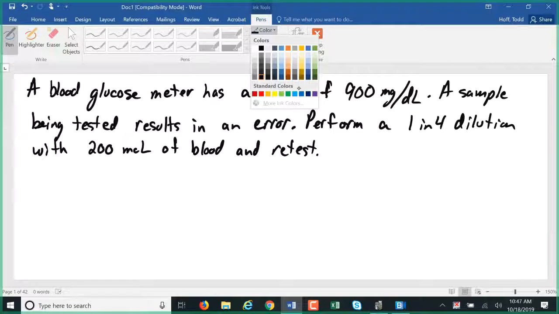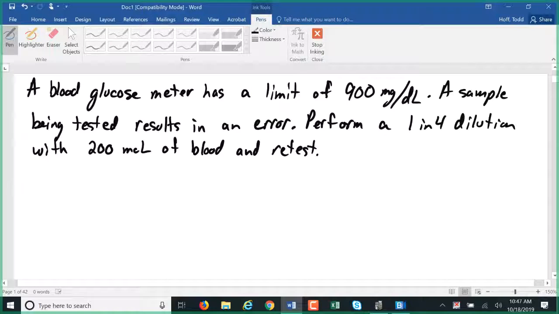So let's do that part first. We're asked to perform a 1 in 4 dilution. A 1 in 4 dilution is 1 over 4.